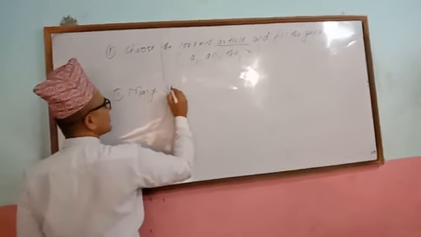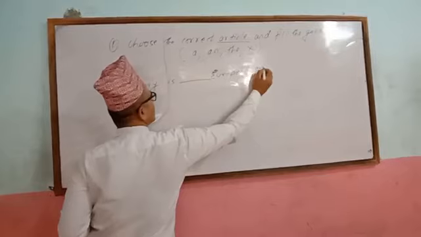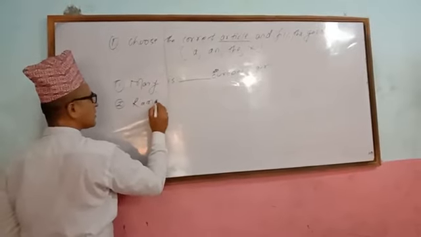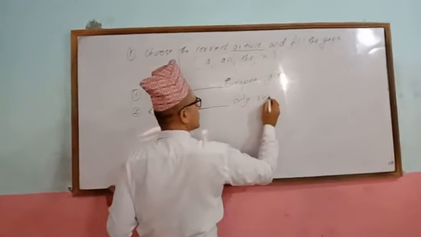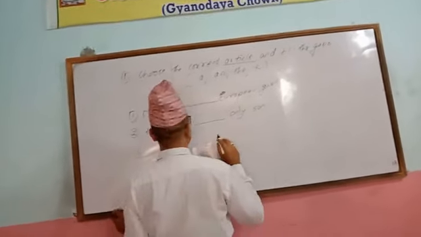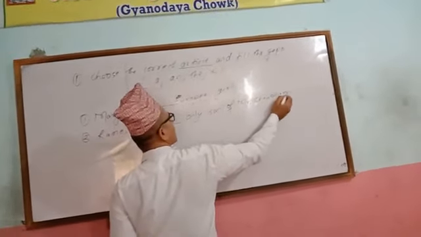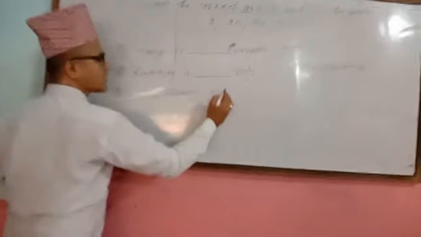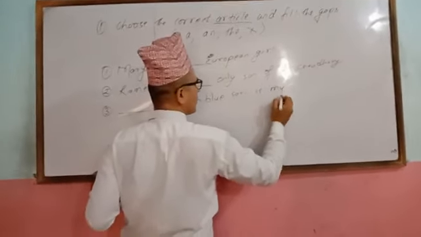One: Mary is a European girl. Two: Ramesh is the only son of Mr. Three: The woman in the blue sari is my mother.